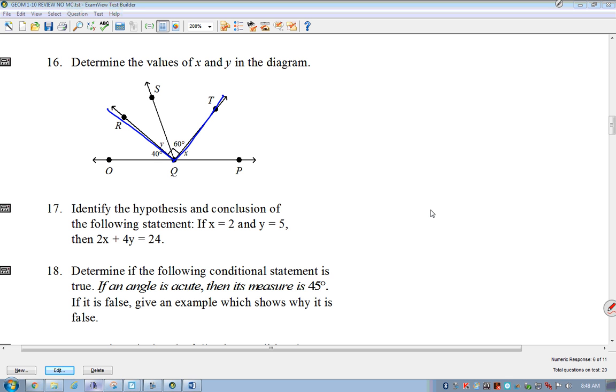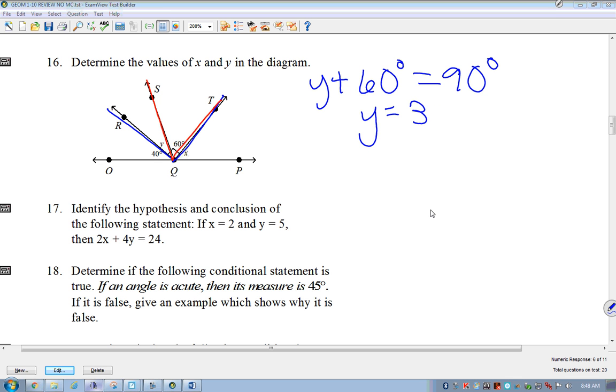But this angle right here is only 60. So how do I know what y is? y plus 60 equals 90. So what do we know y to be? 30 degrees, because they're complementary.